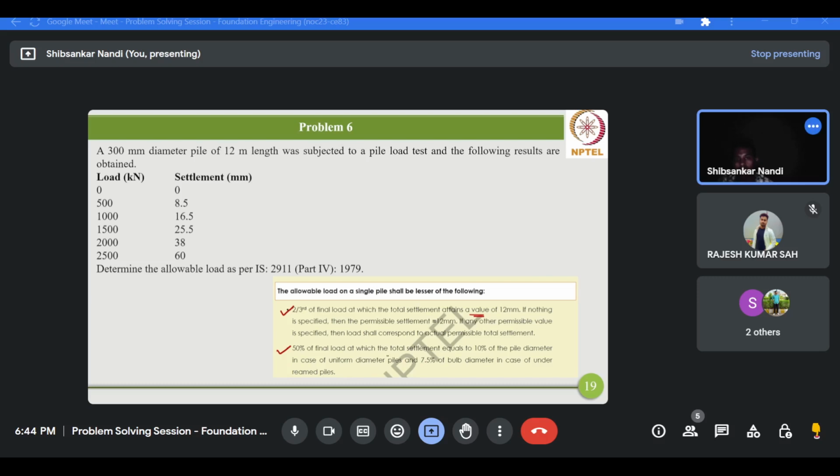We have to first calculate the settlement of 10% of the shaft diameter, and then calculate the final load corresponding to this settlement value, and then take 50% or half of this final load as the allowable load.